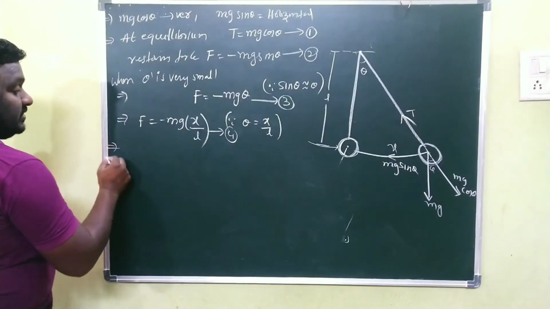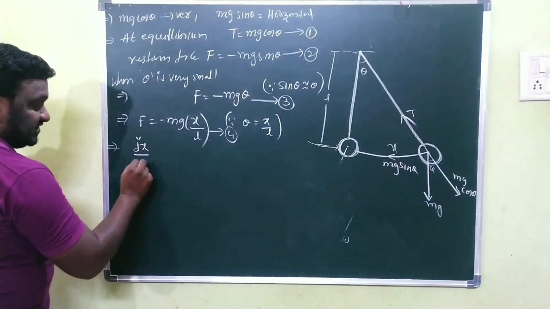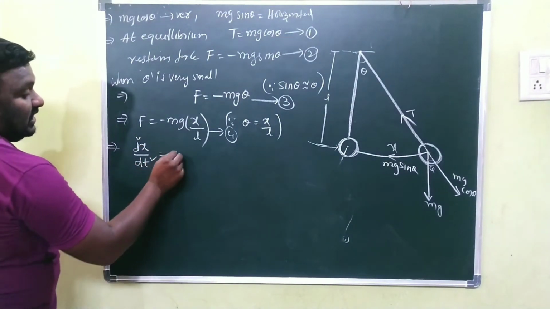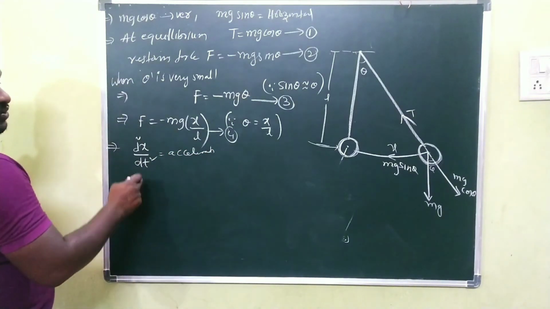And children, here d square x by dt square gives the acceleration. Rate of change of displacement is what we call velocity.